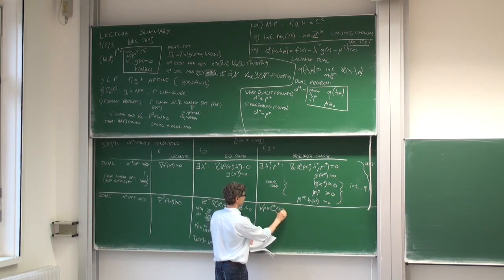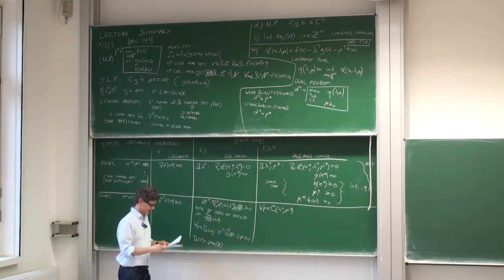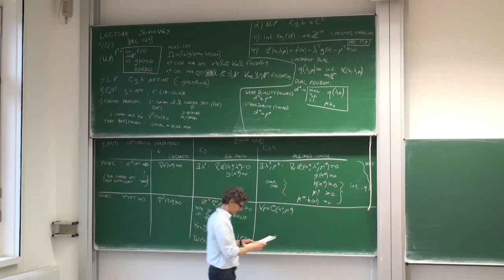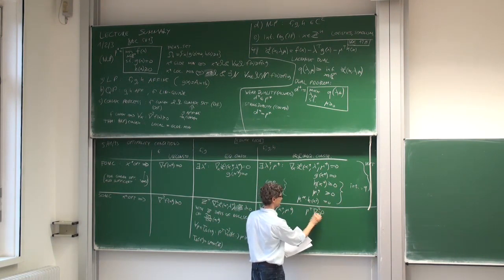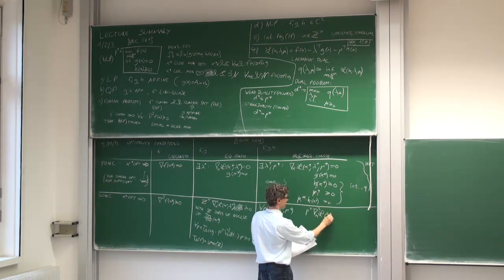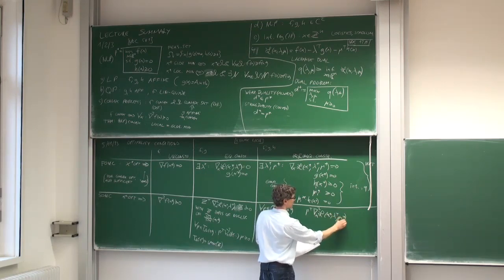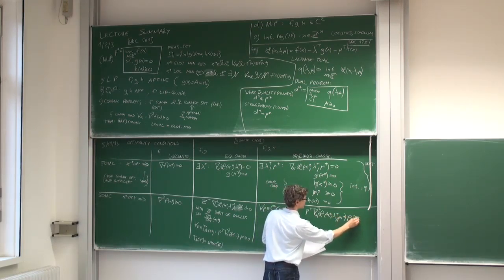The critical cone depends on x star and on mu star, so it depends also on the active constraints, and we define it in a minute. But for all these it should hold that P transpose times the second derivative of the Lagrangian with respect to x at the optimal point x star, lambda star, mu star is positive or equal to 0.